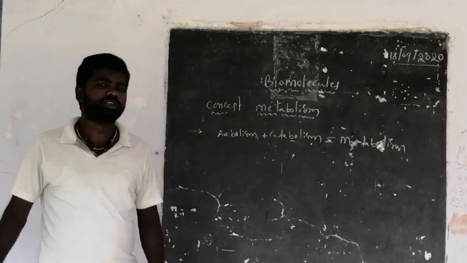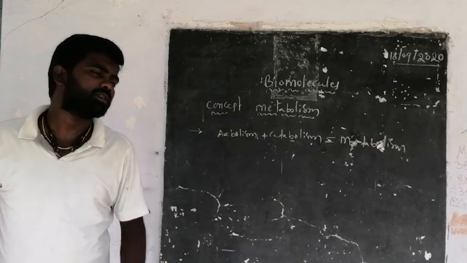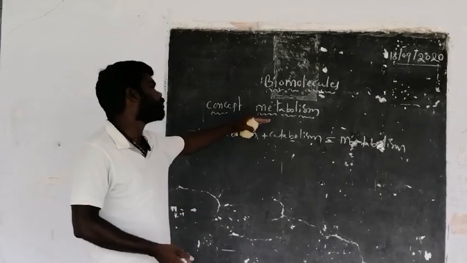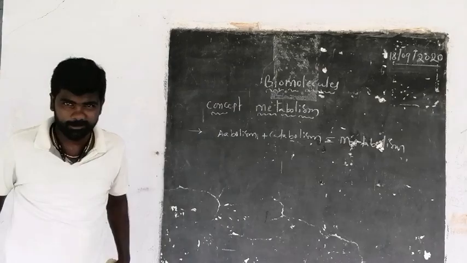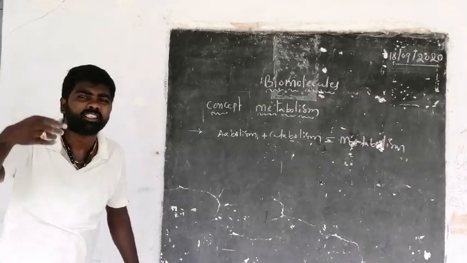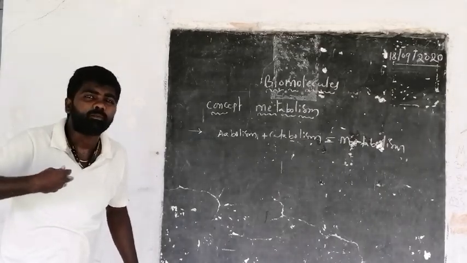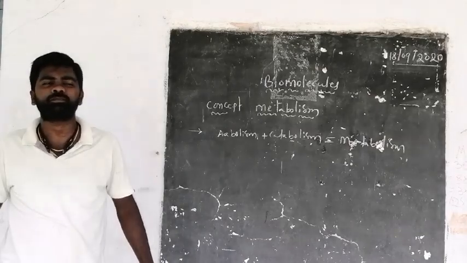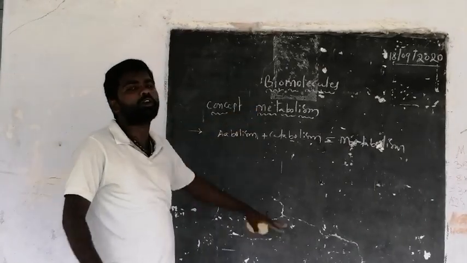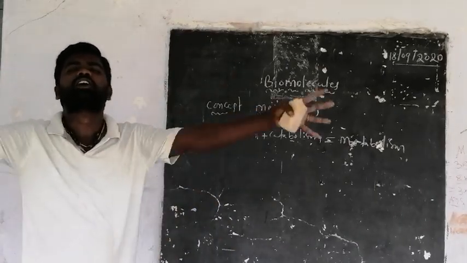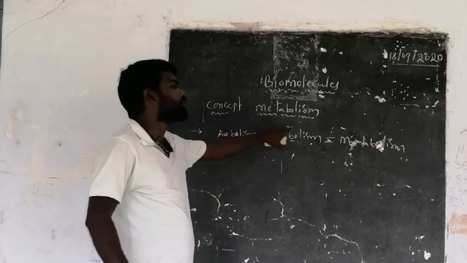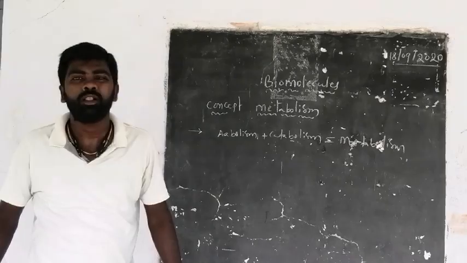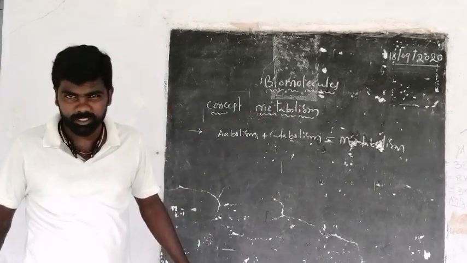Metabolic activities mean all the biochemical reactions, all the chemical reactions that occur inside the body of a living organism. Those biochemical reactions are collectively called metabolism, or metabolic reactions, or metabolic activities.